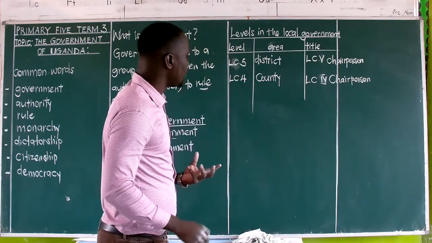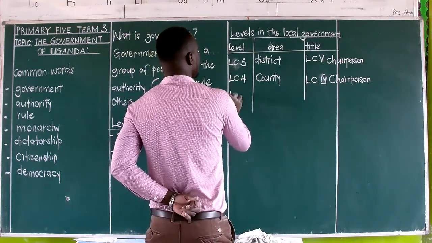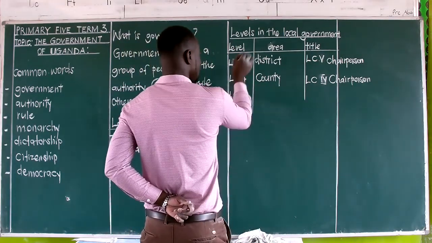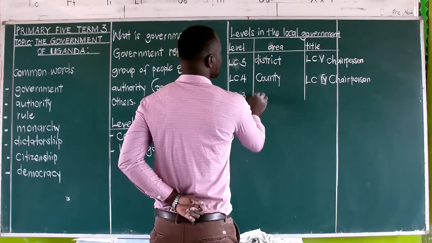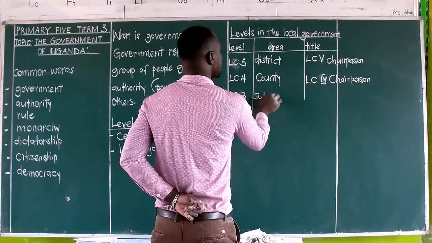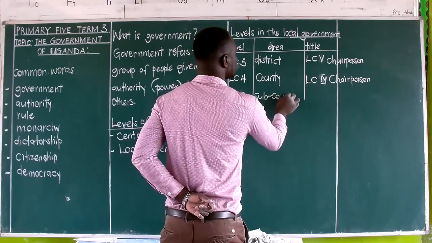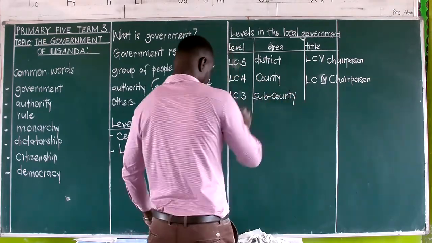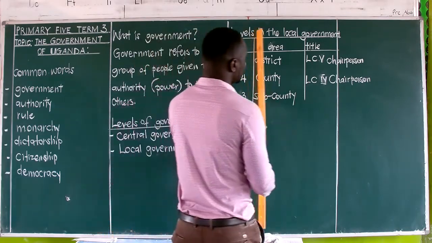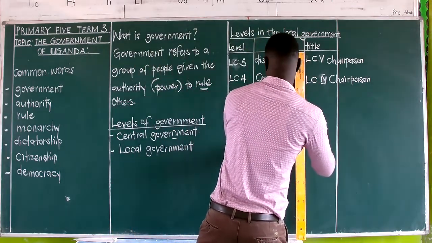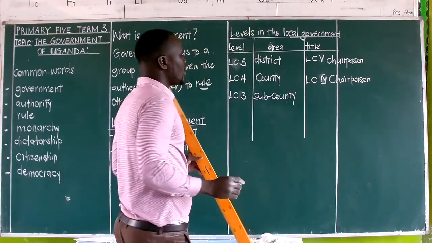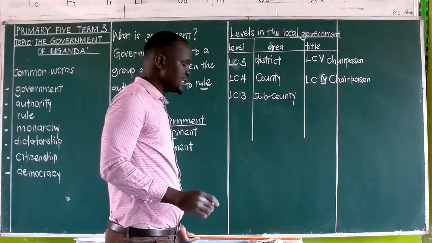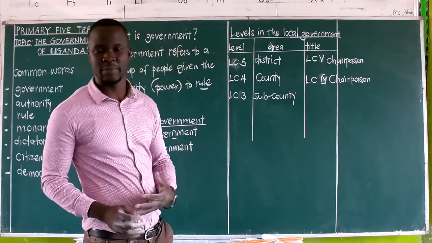Then we move downwards. We come to the local council 3. The local council 3 is at the level of the sub-county. So at the level of the sub-county, we are going to have the title.